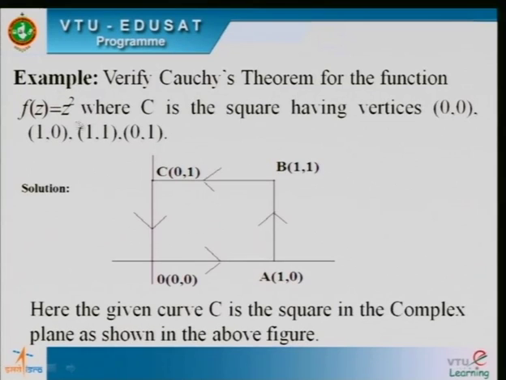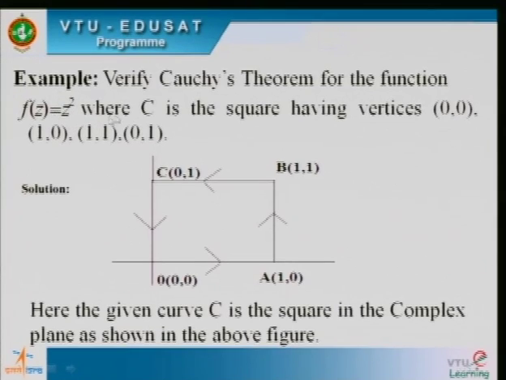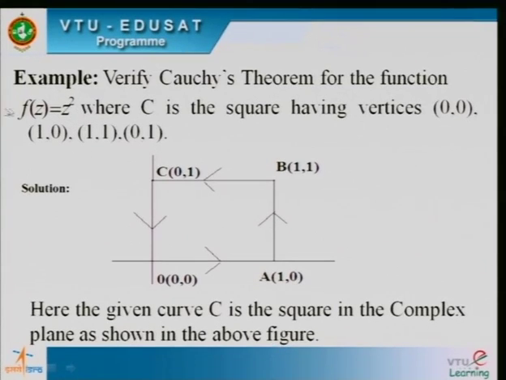It is a complex function and it is analytic everywhere in the complex plane. Therefore, it is analytic within the square and also on the square. So this function satisfies the analytic property, and it is also continuous because its derivative is also continuous in this region and on the boundary.